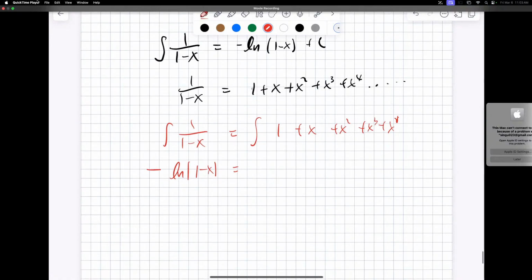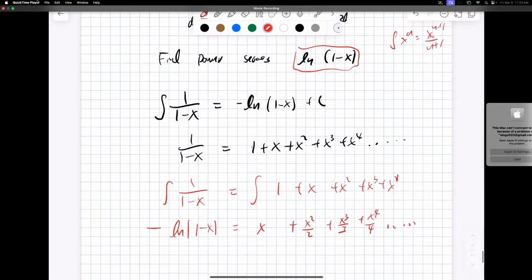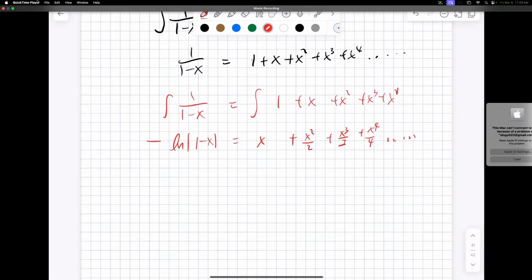So what happened to integration of 1? X. What's the integration of x? X squared over 2. What's the integration of the next one? Now, we're not done yet because we are looking for the natural log of 1 minus x. So what do I need to do?